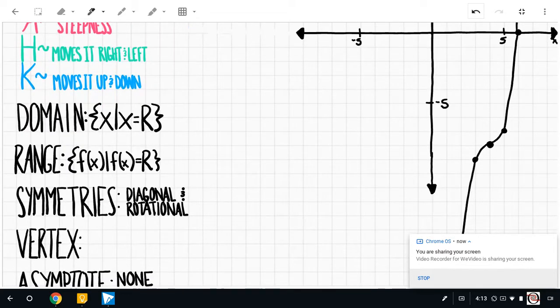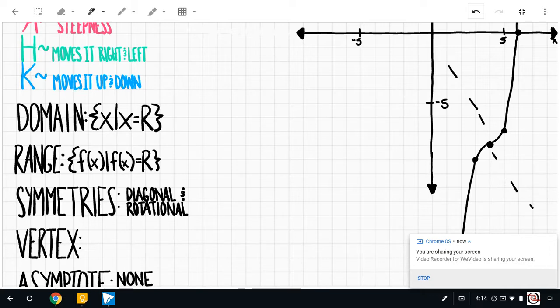We already talked about symmetries, and it's always going to be diagonal and rotational. It's diagonal because if you had a mirror, you'd be reflecting it and getting the same graph. And it's also rotational because you can turn it clockwise and you would get the same graph.